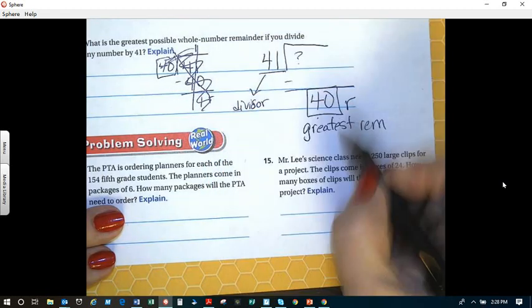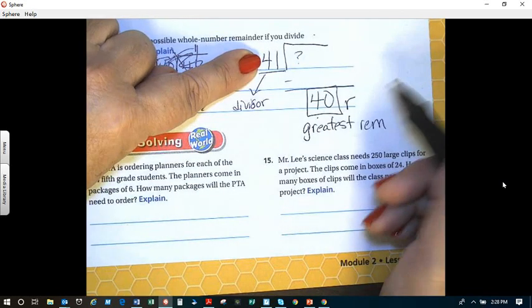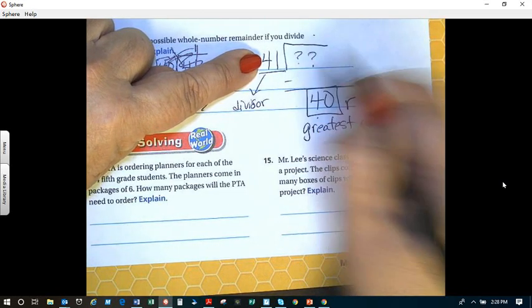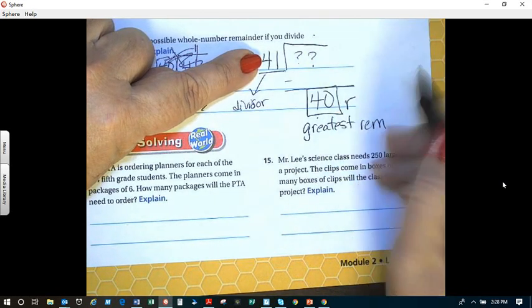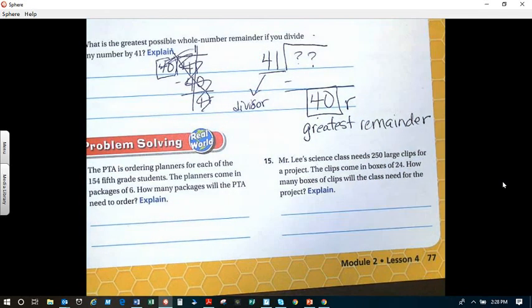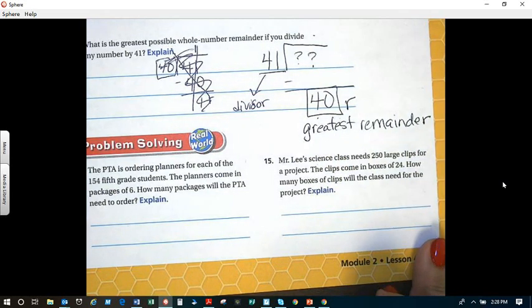If this was 41, then 41 can go into 41 again. It can go in another group. So whatever this is doesn't make any difference. This could be the largest remainder that you can get. Okay? So it's 40.